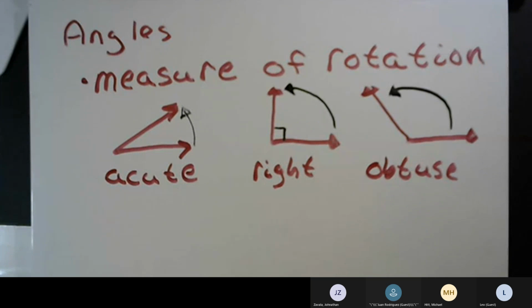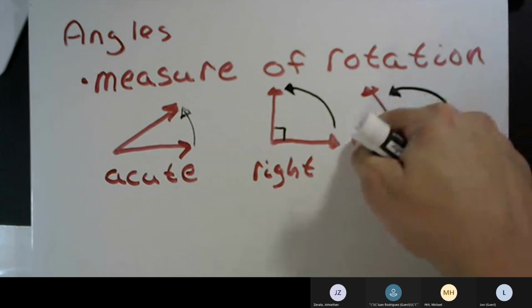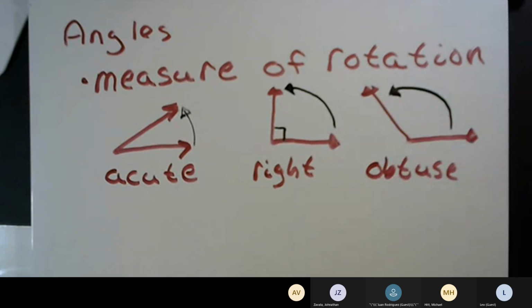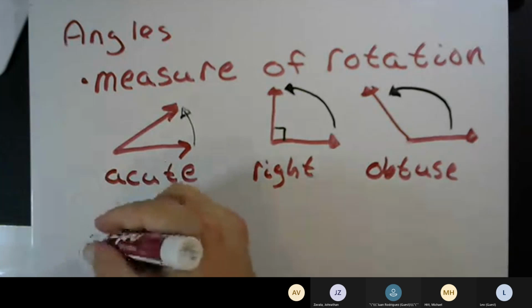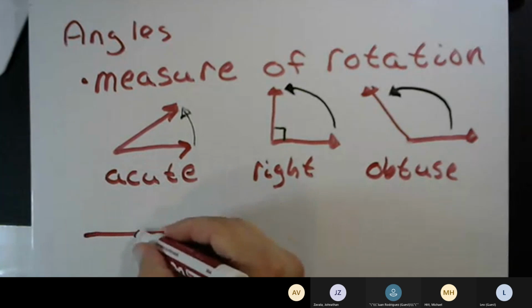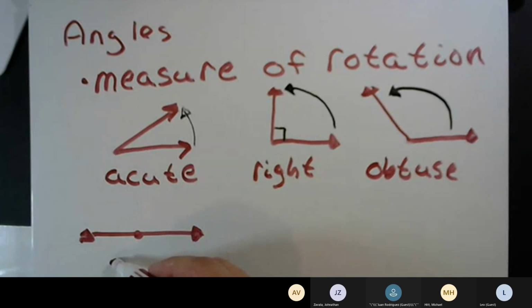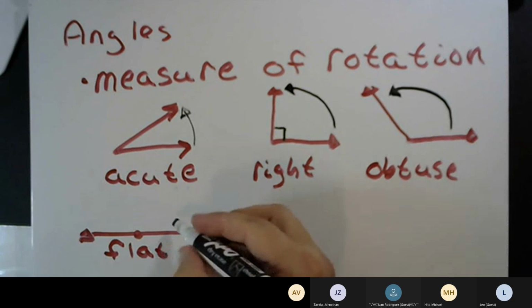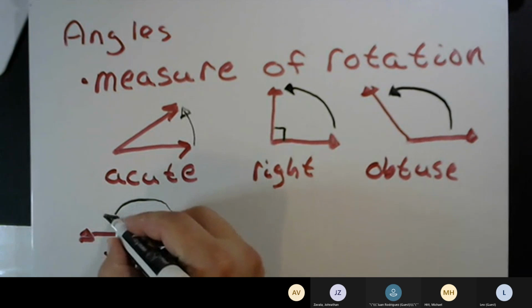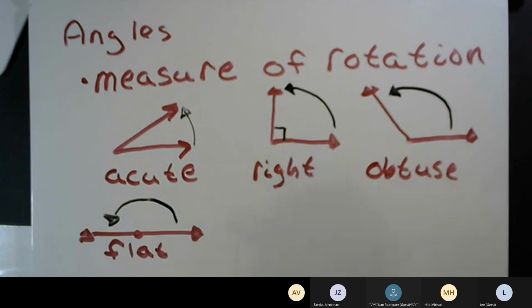There's more rotation in it, but it doesn't quite reach the bottom here and become flat, which is another kind. This is a flat angle. And this is when you rotate all the way till you're facing the other direction. This is what's called a 180-degree angle. And again, we're going to talk about what degrees are.